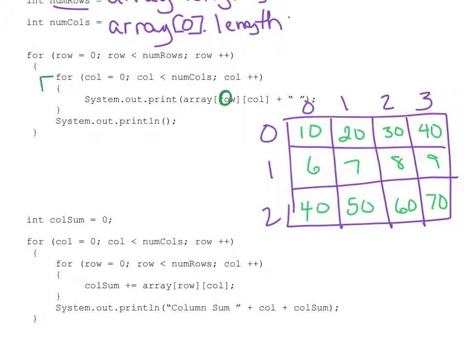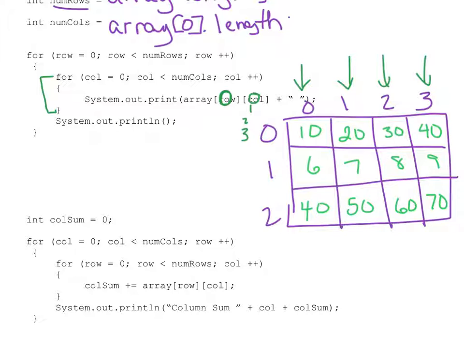And then it's going to go through this for loop, and it's going to go through all the columns. So it's going to go through each one of these one at a time. So it's going to start out and it's going to go to 0, and then it's going to go 1, 2, and 3. So it's going to go 0, 0, then 0, 1, then 0, 2, then 0, 3.